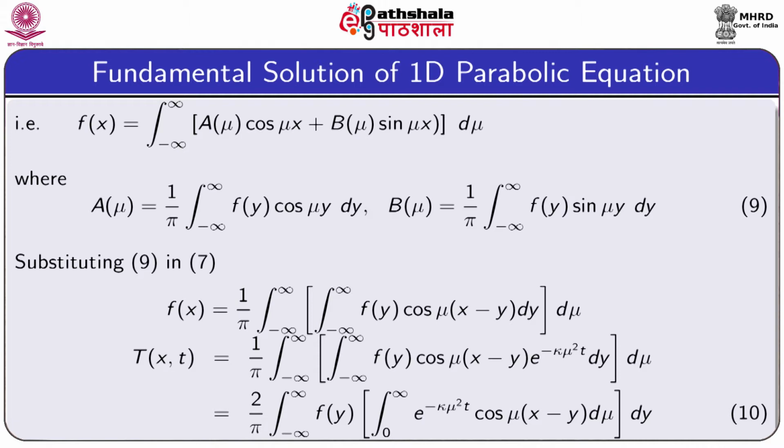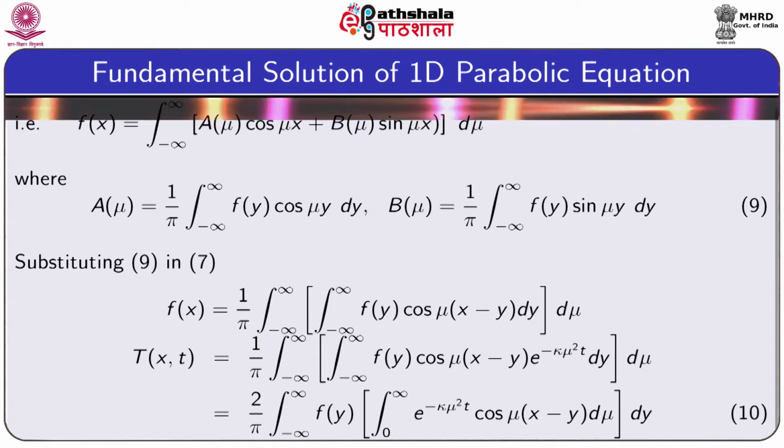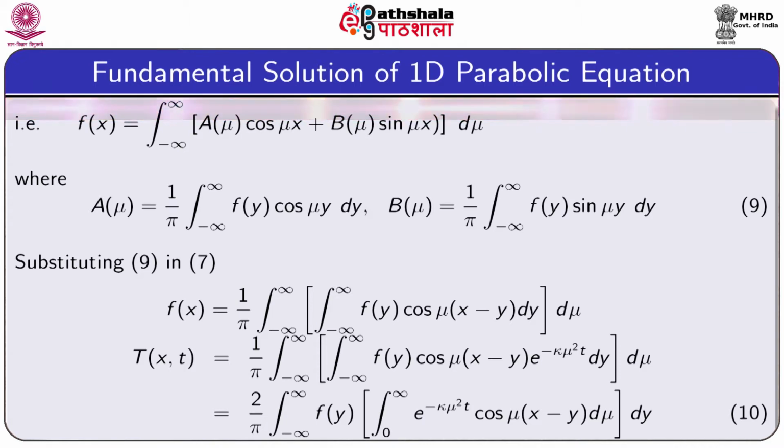Now, if we substitute 10 in 7, we get f(x) equals 1 by pi, 0 to infinity, minus infinity to plus infinity, f(y) cos mu (x minus y) dy d mu. So, the expression for capital T, the general solution, is T equals 1 by pi, 0 to infinity, minus infinity to plus infinity, f(y) cos mu (x minus y) e to the power minus kappa mu square t dy d mu.